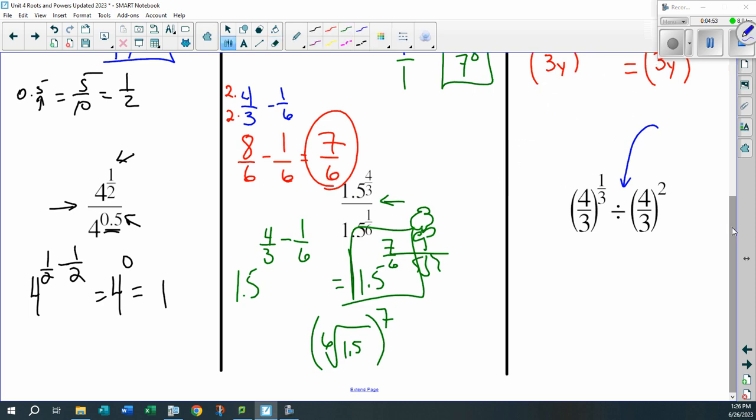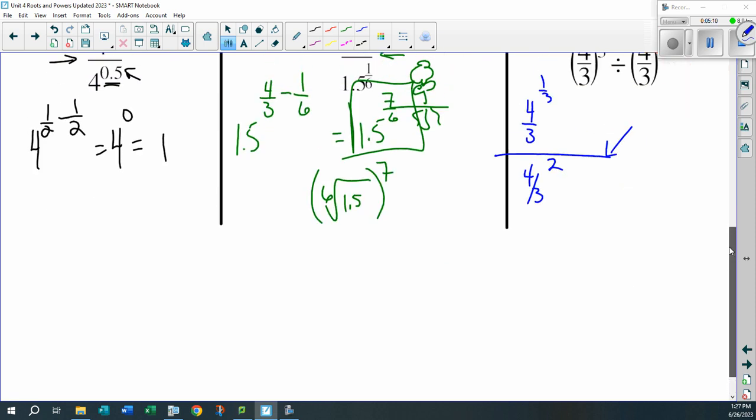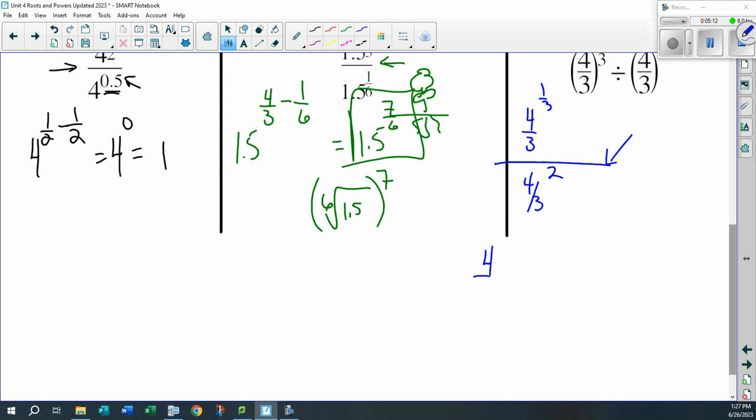This is going to be 4/3 to the power of 1/3 divided by 4/3 to the power of 2. Remember, this just means subtraction. So this is just going to be 4/3 to the power of 1/3 minus 2.